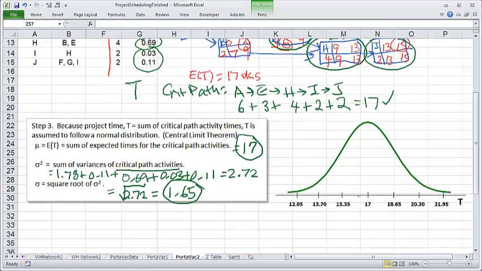So here's a picture of that distribution. T, big T for total time. 17 is the mean, so it's in the middle, and each interval here is the standard deviation, 1.65.